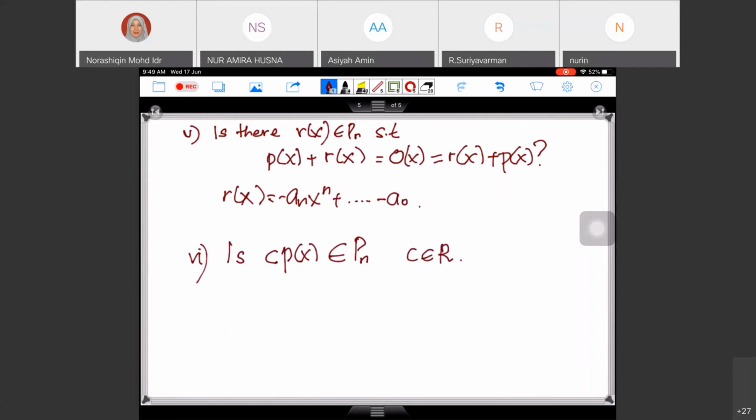This is easy, right? We have P(x) equal to a_n x to the n plus blah blah blah plus a_0. So cP(x) equals c a_n x to the n plus c a_0.